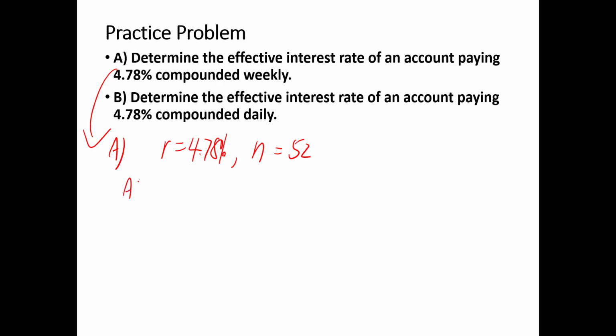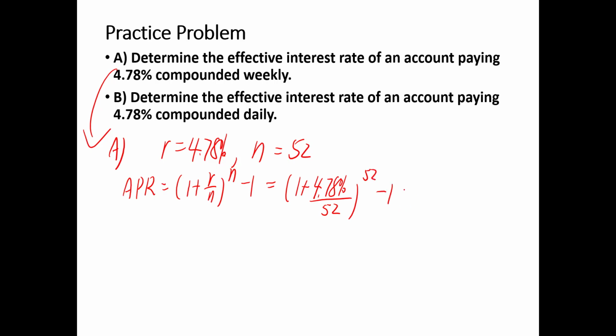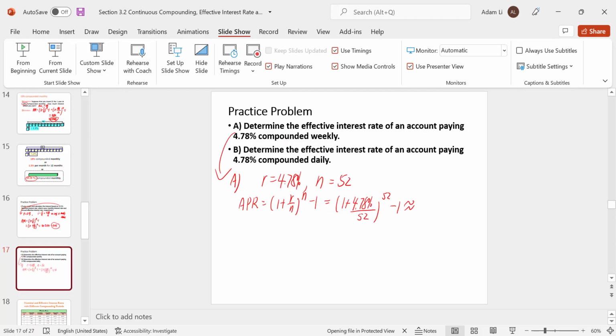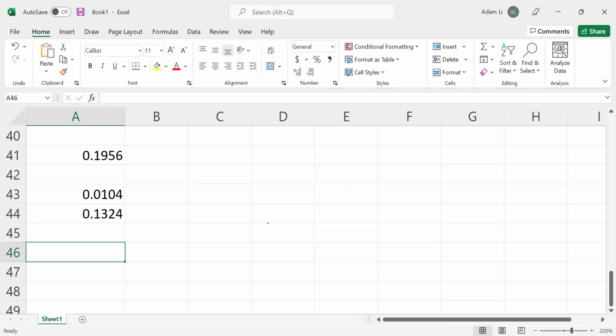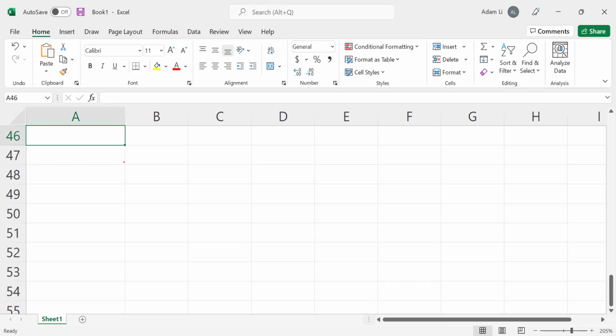APR here is equal to 1 plus R over n, to the n power, minus 1. So this is 1 plus 4.78% over 52, raised to the 52nd power, minus 1. And again, the effective interest rate is usually higher than the nominal interest rate because of the compounding effect.